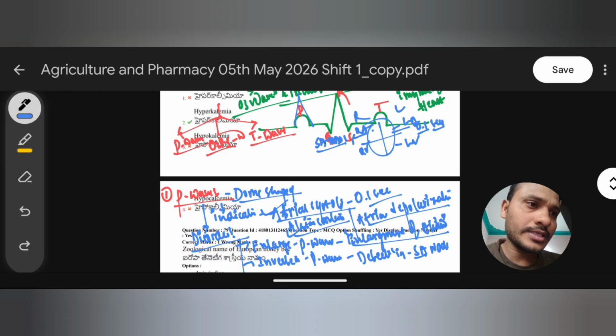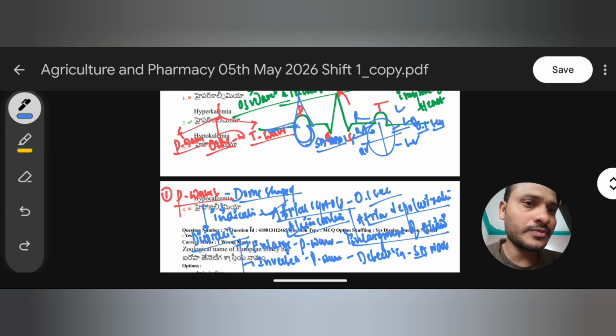If there is any defect in the SA node, it is indicated by an inverted P wave. If the P waves form inverted like this, it indicates there is a defect in this SA node. So like that, there are indications of disorders from P waves.